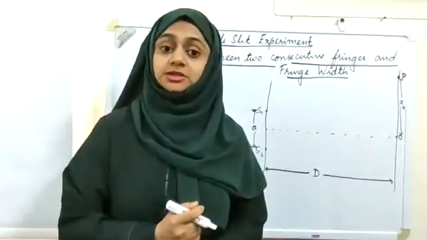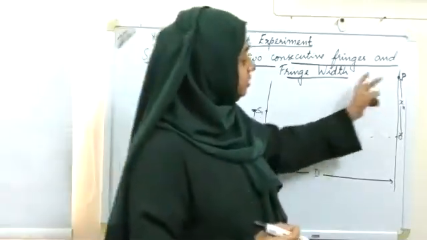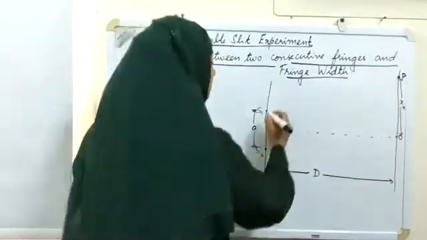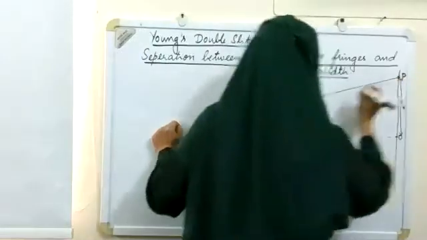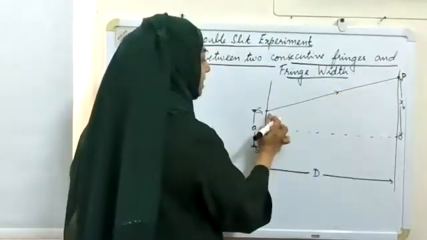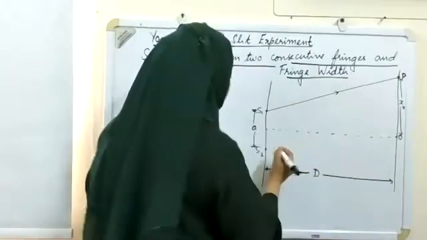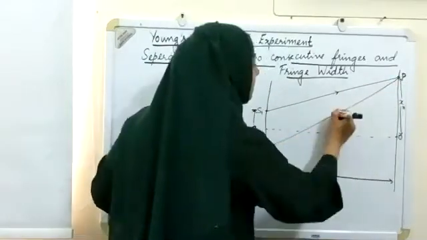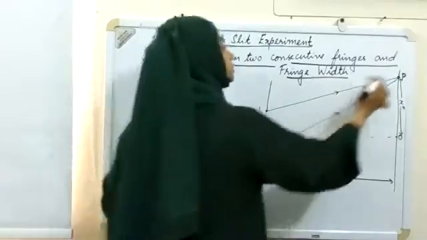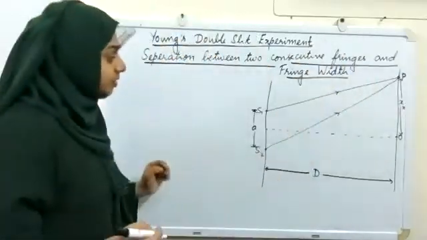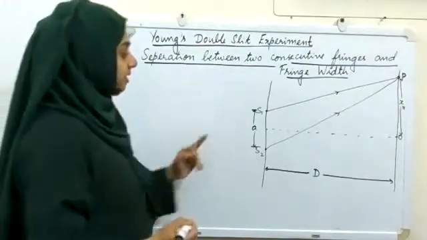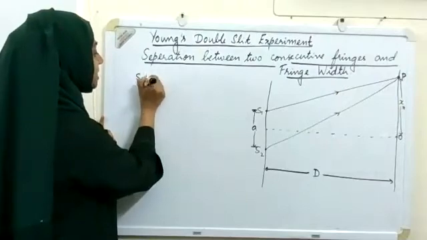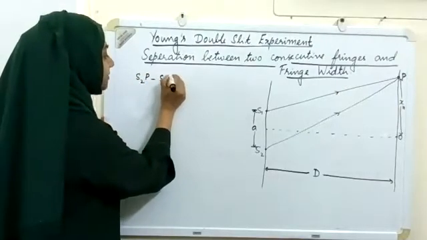Now what is the condition for the light ray to have constructive interference at point P? Let S1P be the distance traveled by light from S1 to reach P, and let S2P be the distance traveled by light from S2 to reach the point P. So what will be the path difference? The path difference will be S2P minus S1P.